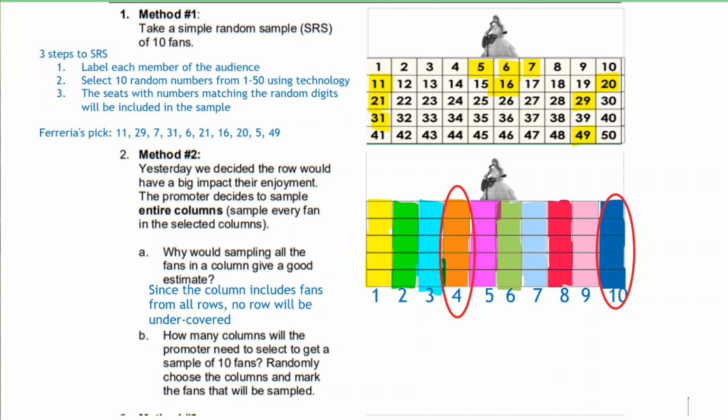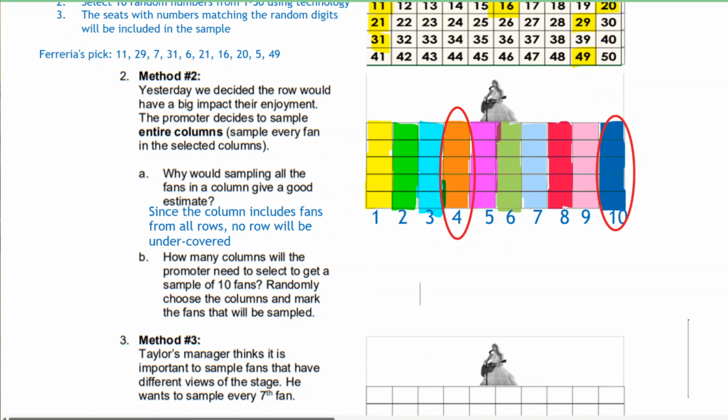In other words, there is no way under this scheme to have only one fan from the 3rd row, or no fans from the 1st row. Every sample that we produce using this cluster method will have 2 fans from each row. Moving on to this one, how many columns will we need? We'll need 2 columns, and randomly choose those.